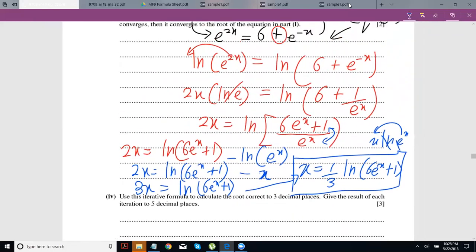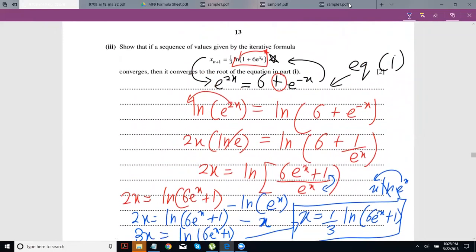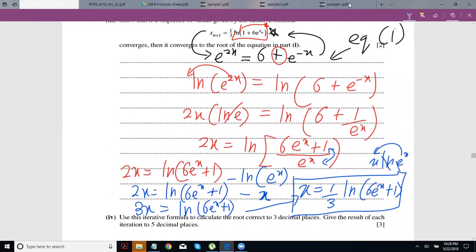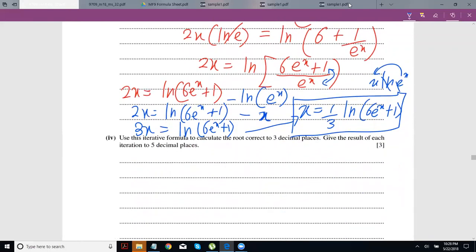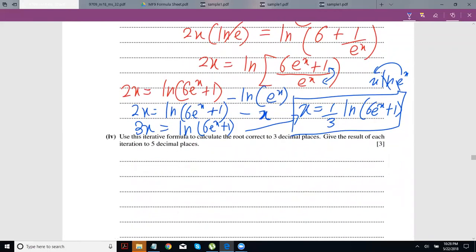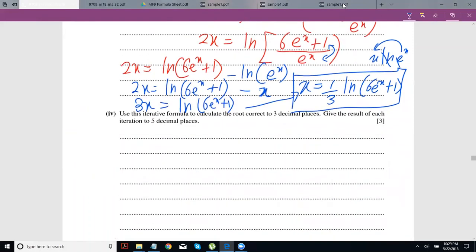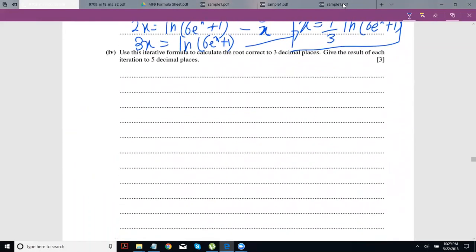is that literally the same thing as the iterative formula? Yes, it is. And hence you've basically proved that it's the same thing. It's going to converge to the same root. You're good with that. And now you have to use this iterative formula to calculate the root correct to 3 decimal places.